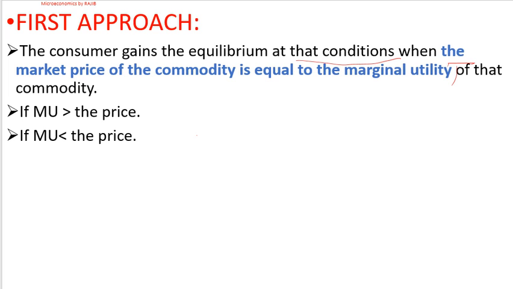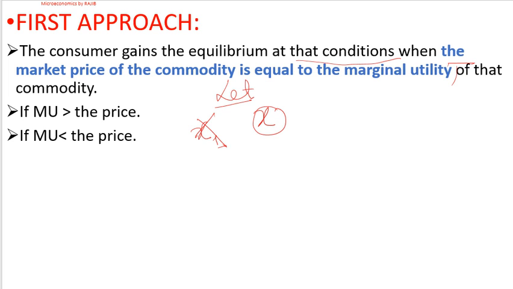Suppose we consume only the commodity x. That means there are various commodities to consume on the market, but the consumer consumes only one commodity.